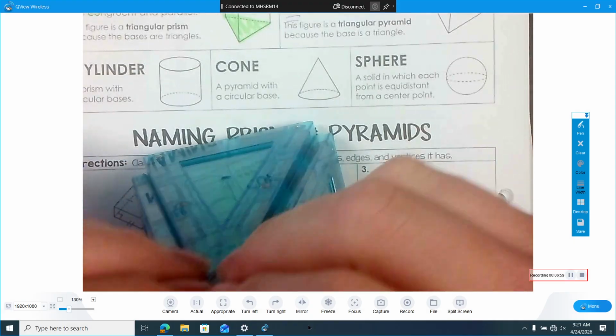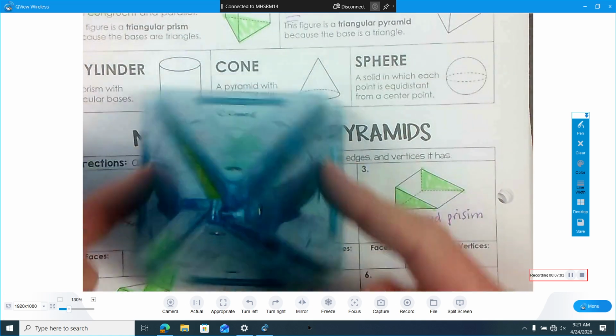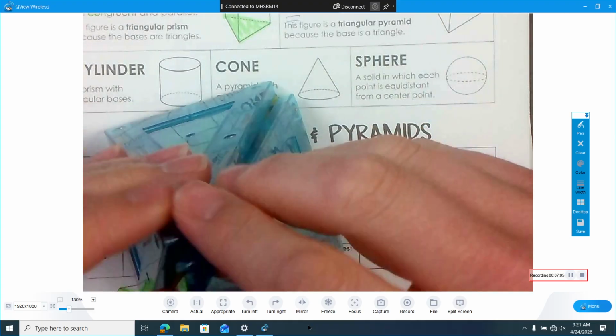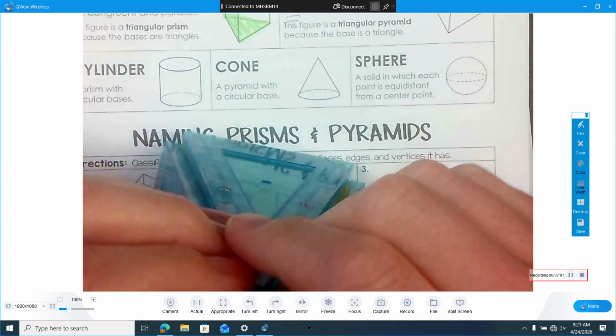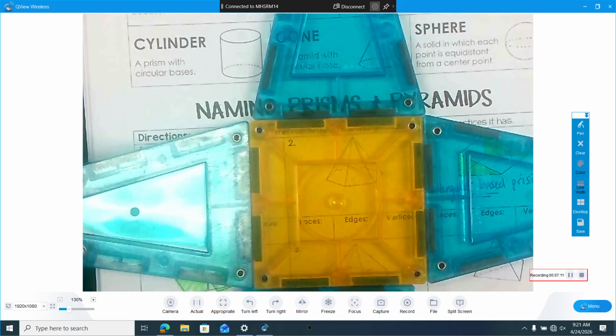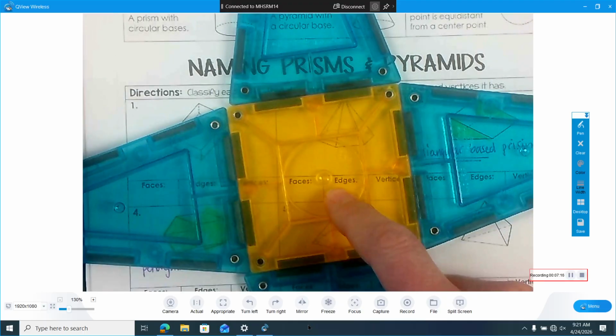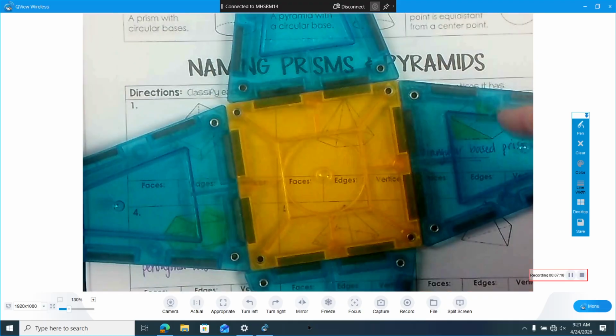I have a pyramid here, and you can see that all of these faces are triangles, and it unfolds. It unfolds, and you have the one base that is a square, so we call this a square base pyramid.